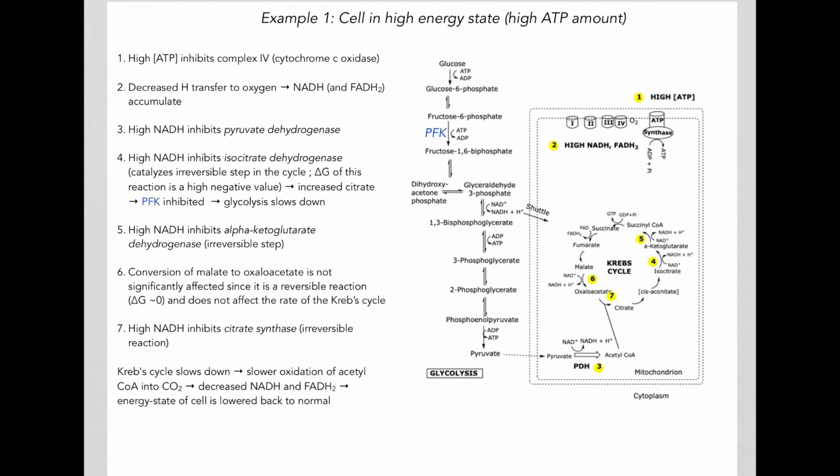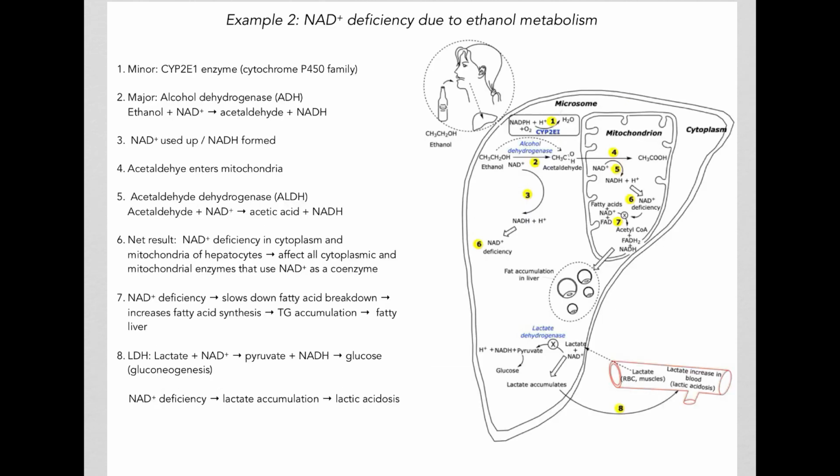So this is one example by which coenzymes, in this case NADH, can affect the rate of metabolic pathways. Let's look at another example, and in this case, we'll look at the NAD deficiency due to ethanol metabolism. So when we drink ethanol, ethanol is metabolized to a minor extent by cytochrome P450. So this reaction here.